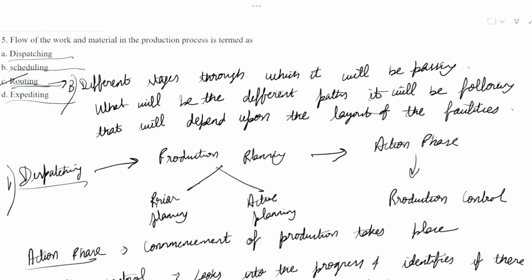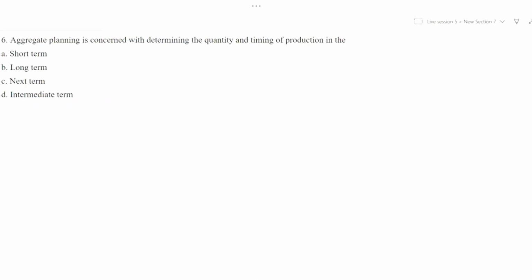Okay, so moving to the next question. Now, aggregate planning is concerned with determining the quantity and timing of production in which of them? Short term, long term, next term, intermediate term. The correct option is intermediate term.